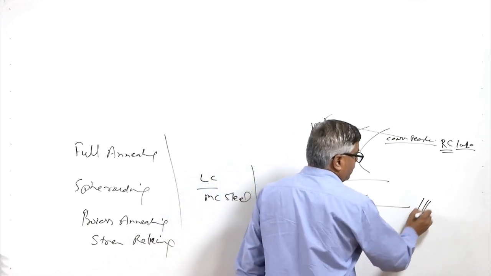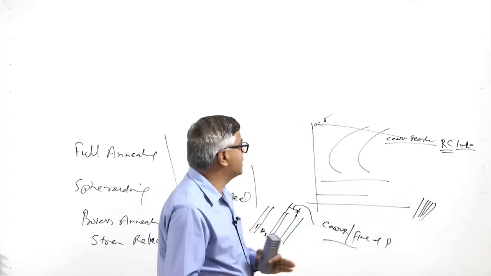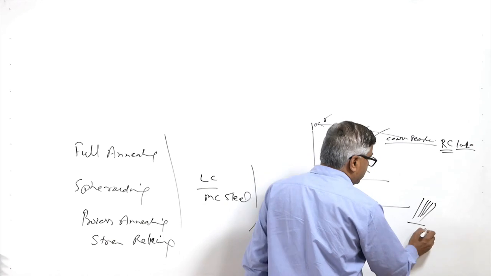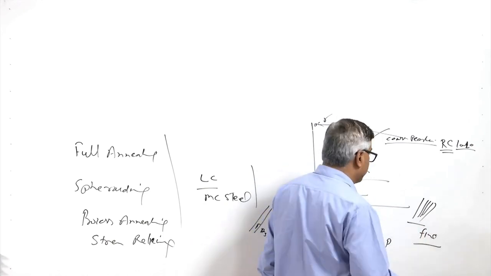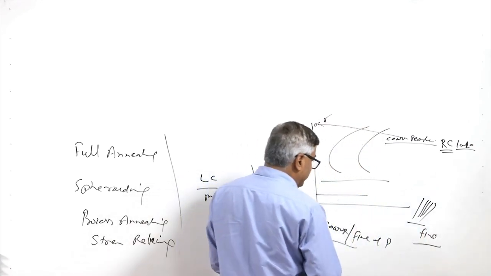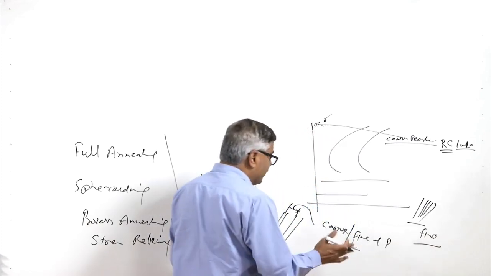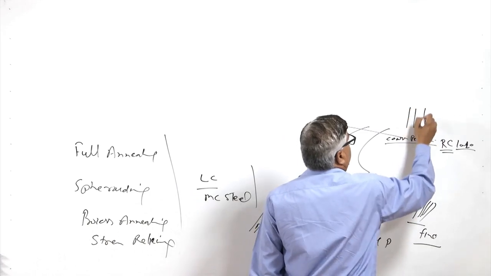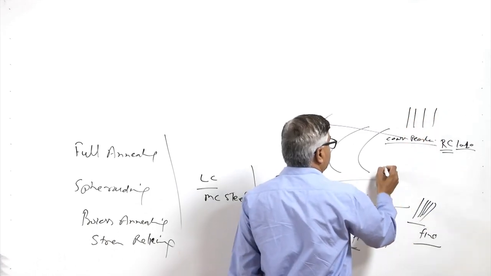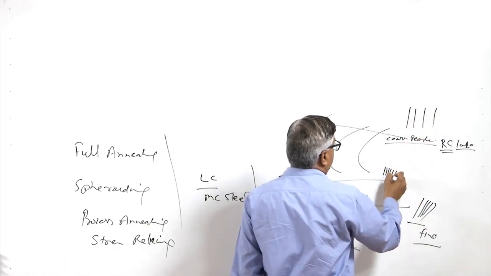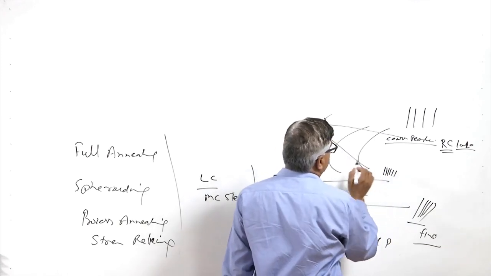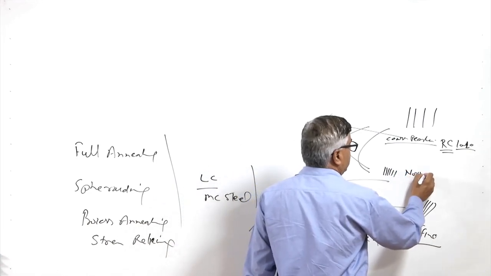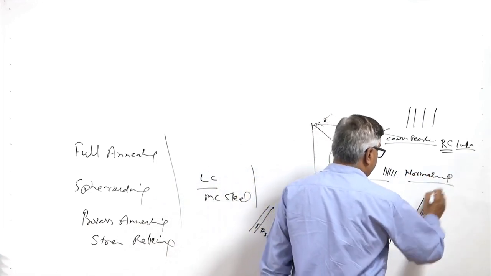If the layers or lamellas of the ferrite and cementite are very closely packed, then it will result in fine perlite, with much better mechanical properties as compared to the case when they are widely spaced. So, in case of the coarse perlite, the spacing will be wider as compared to the case when the fine perlite is produced. Fine perlite is produced with somewhat higher cooling rates, and this is the typical case of the normalizing heat treatment.